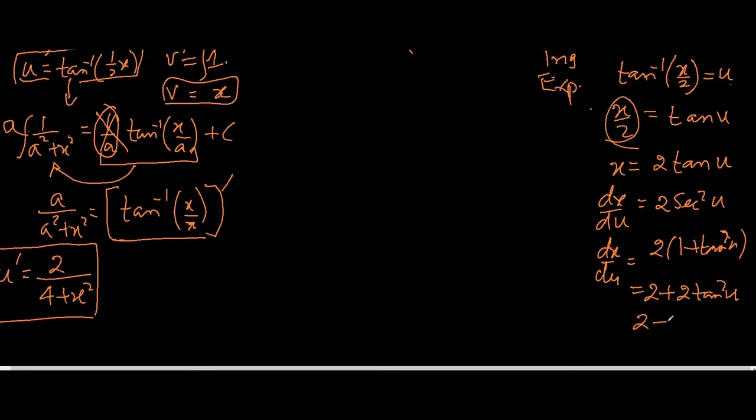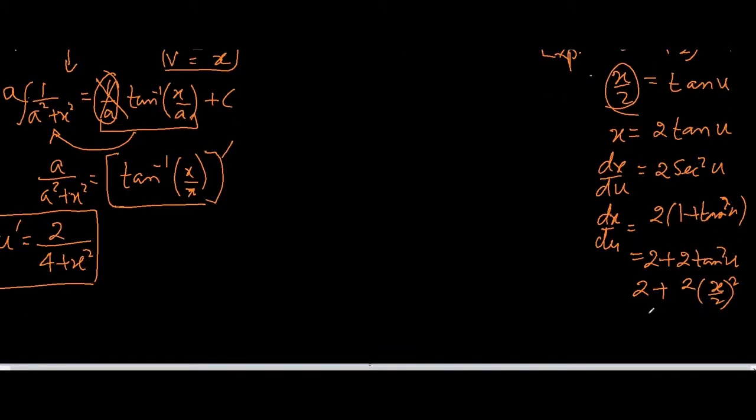So we can write it as 2 plus 2 times x over 2 squared. And that becomes, if I square it, 2 plus, this 2 will cancel with one of the 2's here. So it will be 2 over x square over 2.